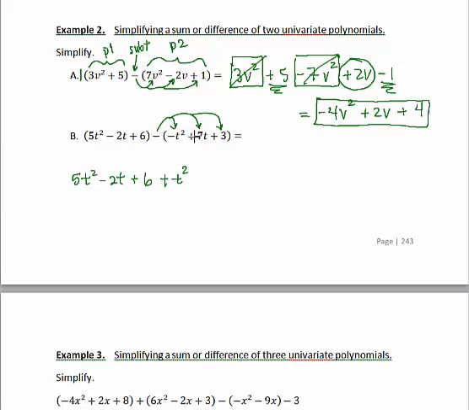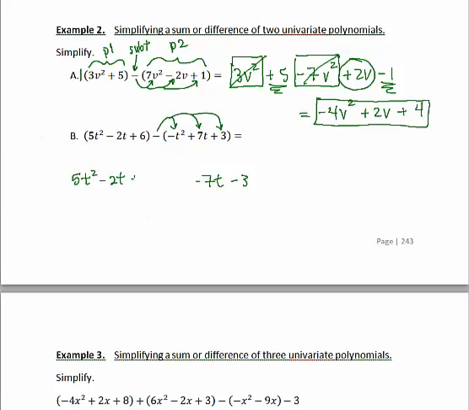A minus plus 7 would be a minus 7t, and then a minus plus 3 is minus 3. So this is a negative 1 times a negative 1, a negative 1 times a positive 7, and then a negative 1 times a plus 3. So it simply changes the signs that were inside the parentheses, and then we don't write them. We drop the parentheses.